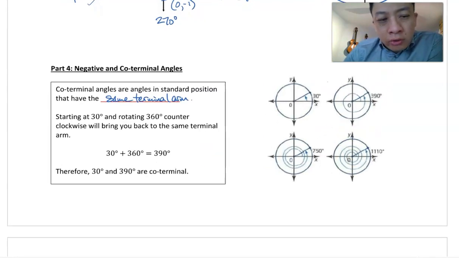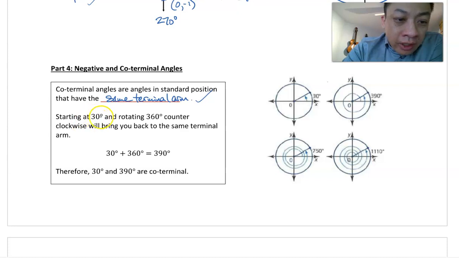So a negative or a coterminal angle is really just another way of finding your primary angle. Instead of winding it around counterclockwise, we wind it around clockwise. Coterminal angles are angles in standard position that have the same terminal arm.